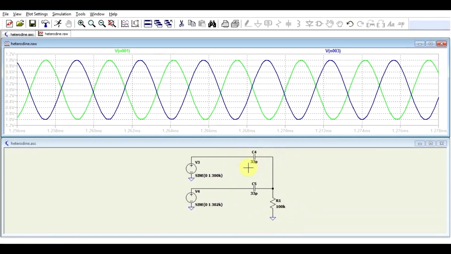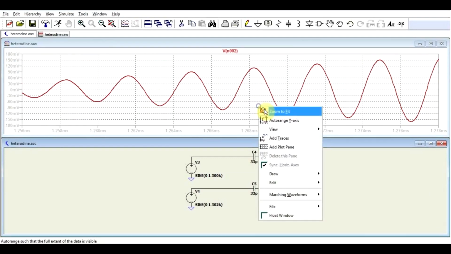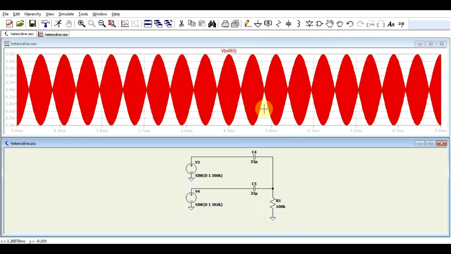So by doing this sort of circuit, you will end up adding up the 2 signals. When they are in phase, the sum will be double of the initial signal. When they are out of phase, the sum will be nothing. And we get something that looks like this. We can clearly see how the 2 signals are being added up together.